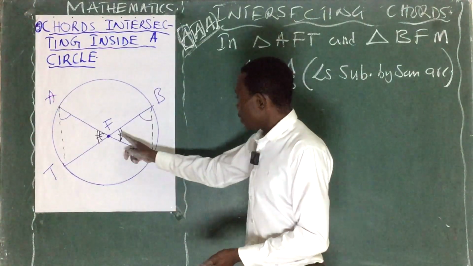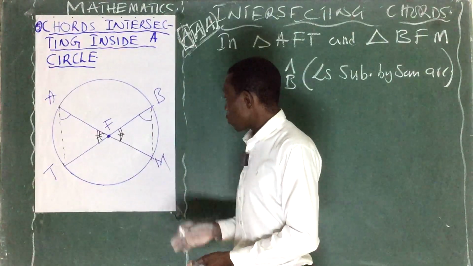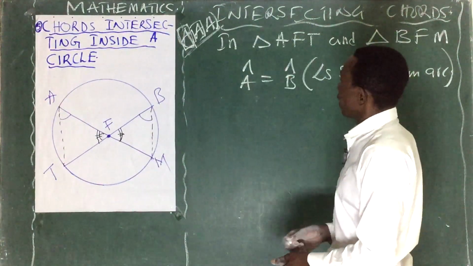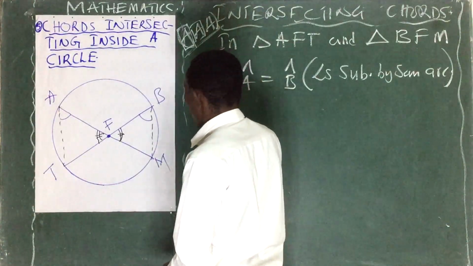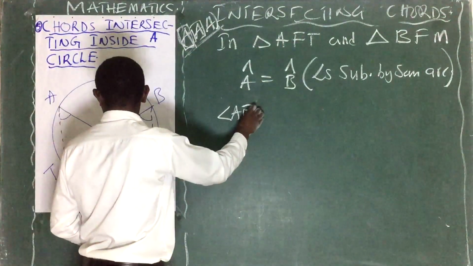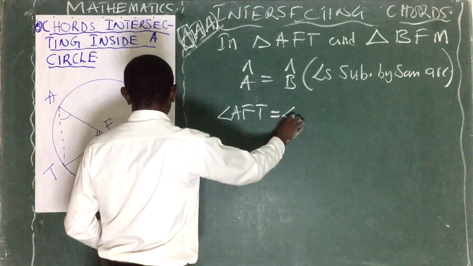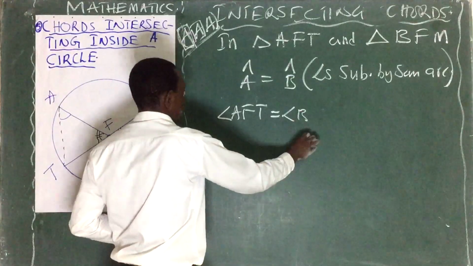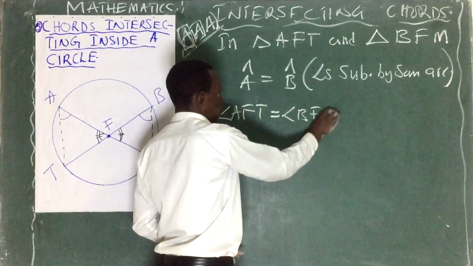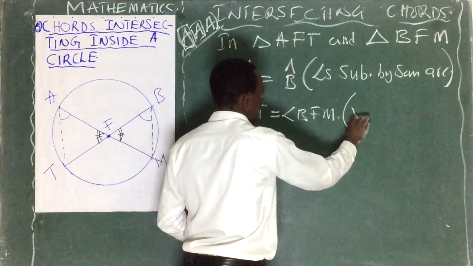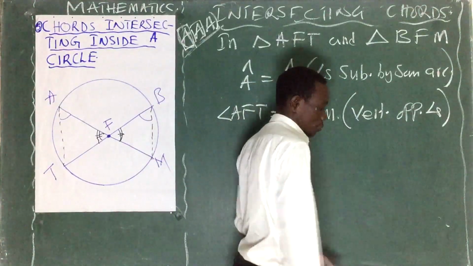So this angle and that angle are vertically opposite, so the angles are equal. That satisfies the second letter in the similarity test. So we write angle AFT is equal to angle BFM.